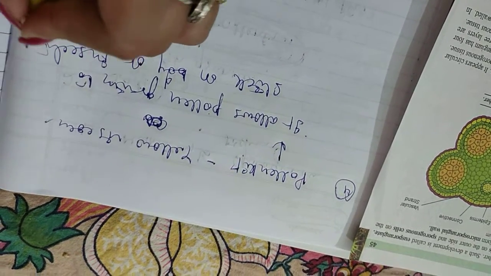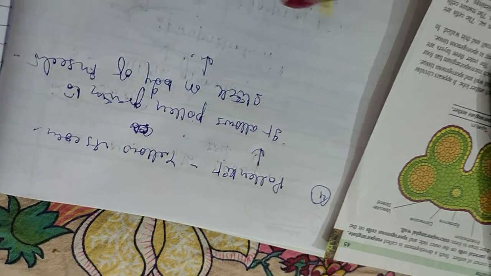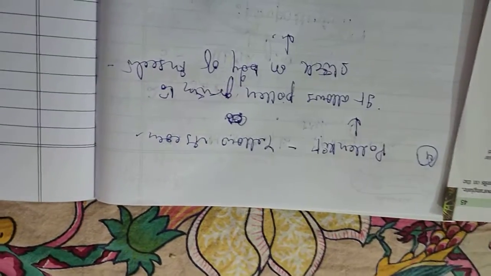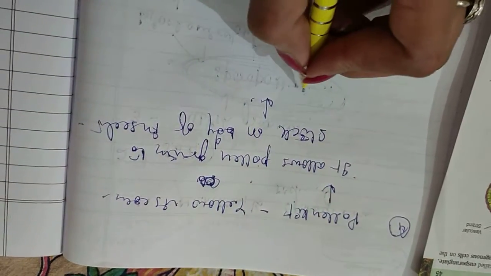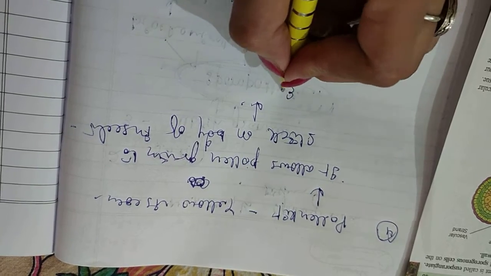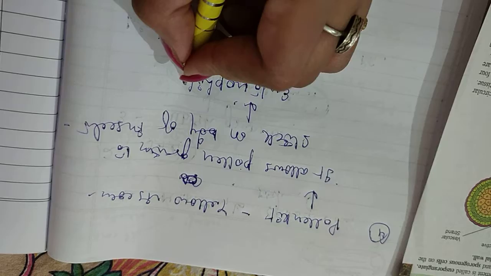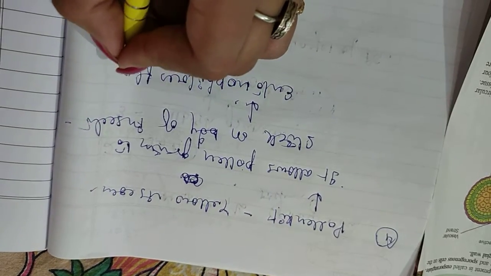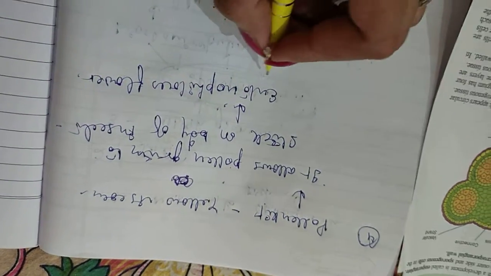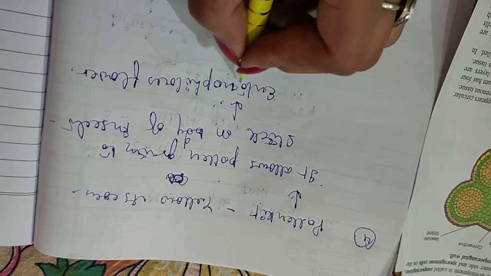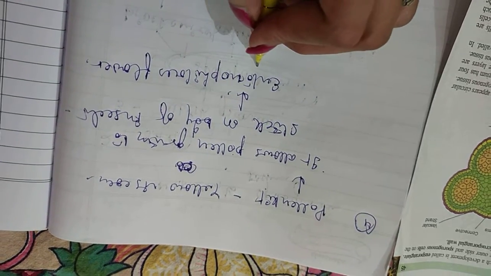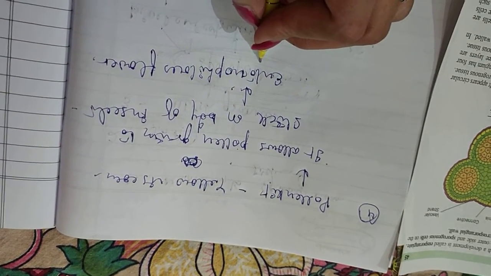So can you tell me on which type of flowers it is present? It is present obviously in entomophilous flowers. It means that it is present in flowers which are pollinated by insects.